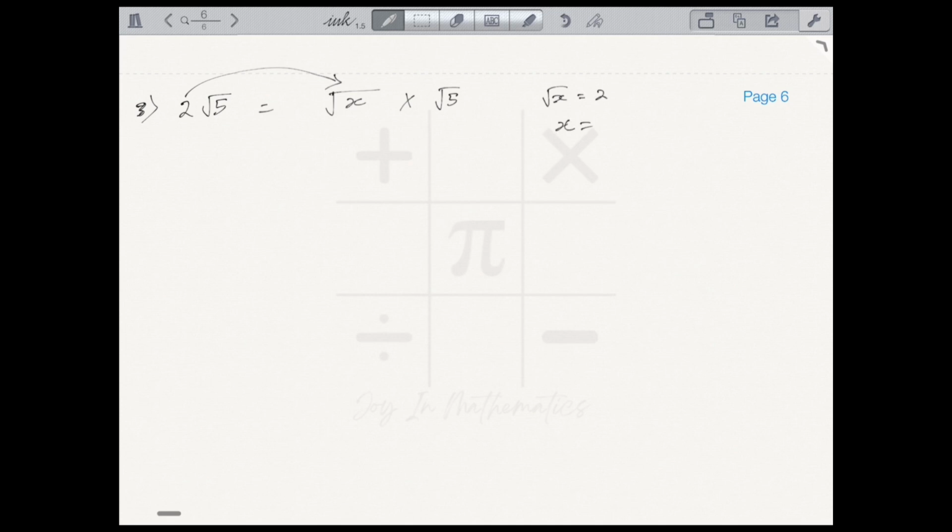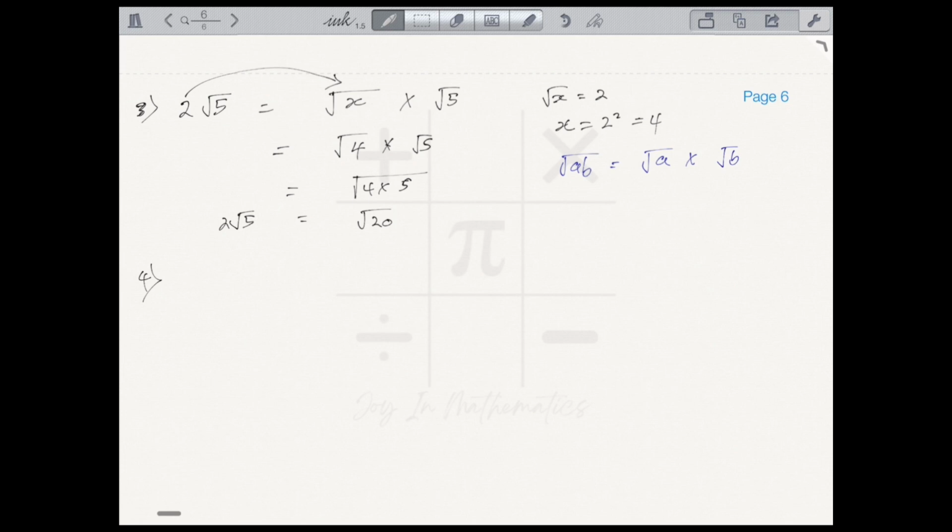Therefore x is equal to 2 squared, that is equal to 4. So we have root 4 multiplied by root 5, and applying our multiplication rule, root ab is equal to root a multiplied by root b, this will be equal to root 4 times 5, which is root 20. So 2 root 5 is equivalent to root 20.